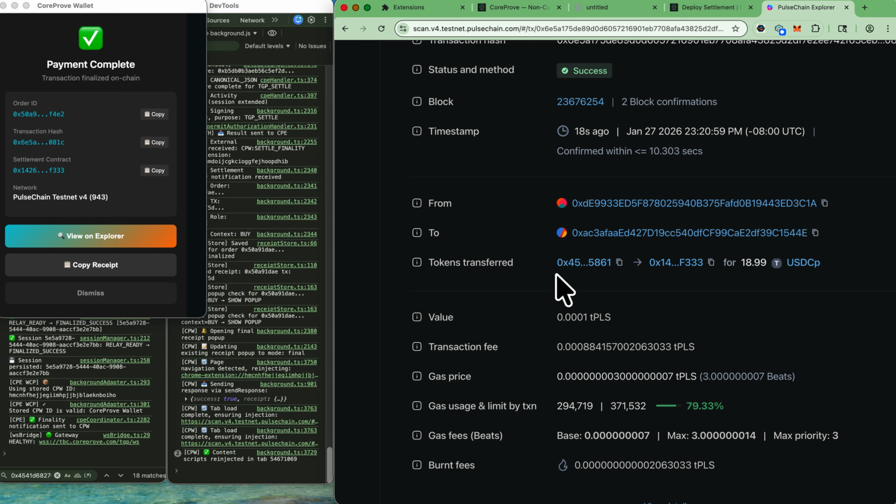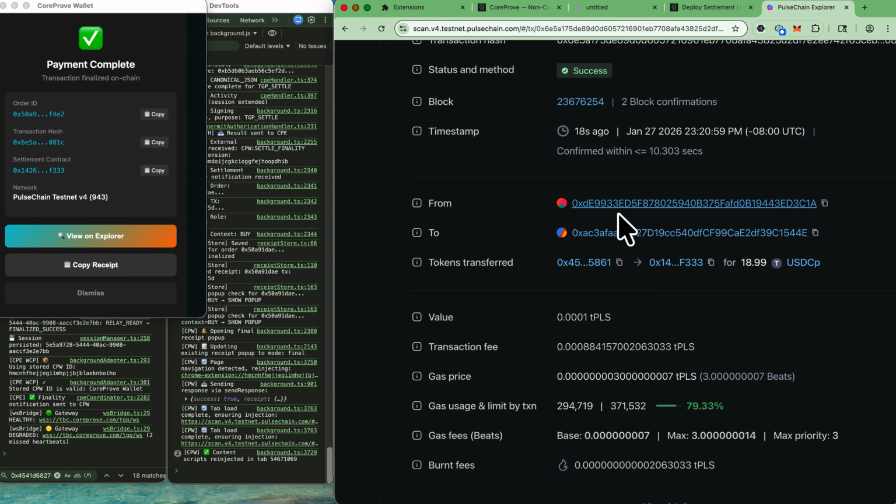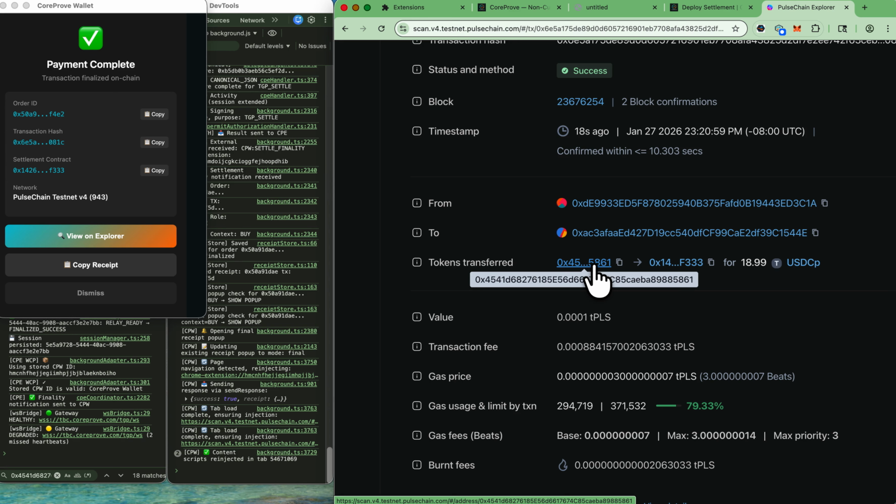Now, if you notice where the tokens are transferred from and to, this is the root wallet address, and this is the merchant's settlement address. So this is great for the merchant, but here the user's address is on chain, and so it can be viewed and their financial history can be seen.